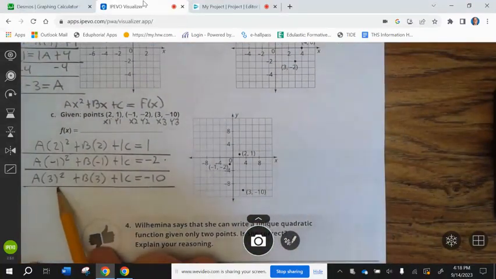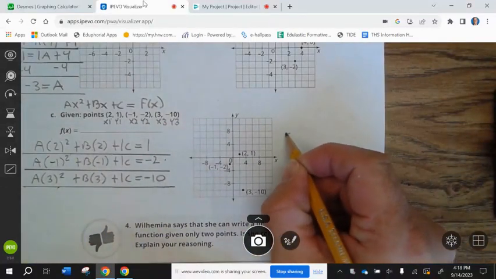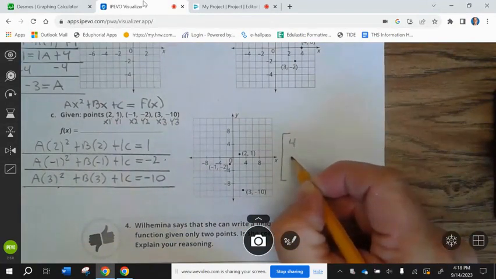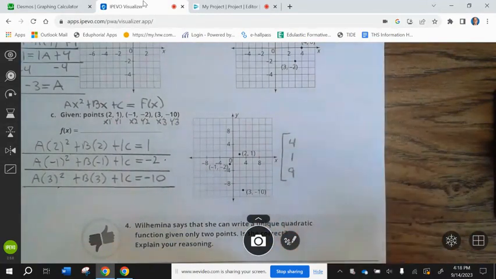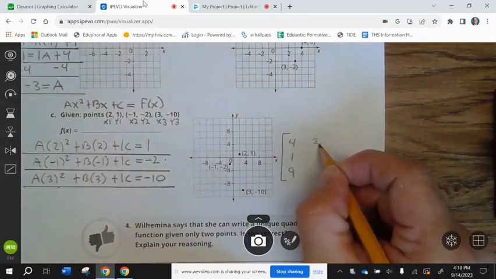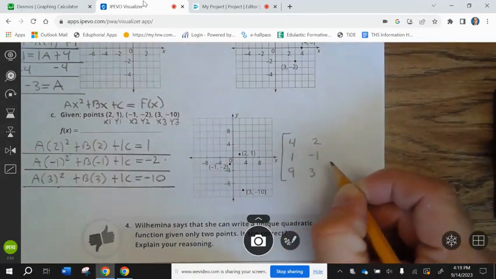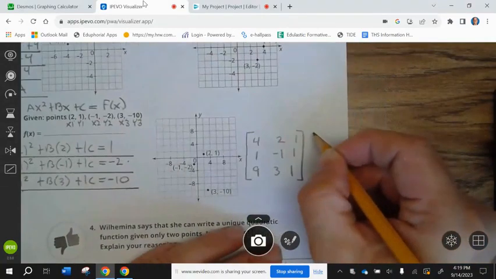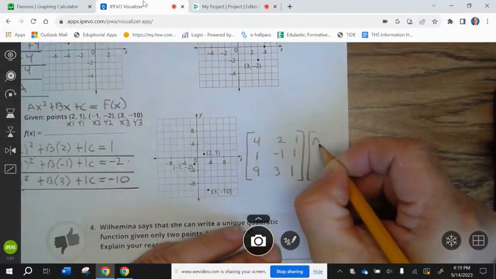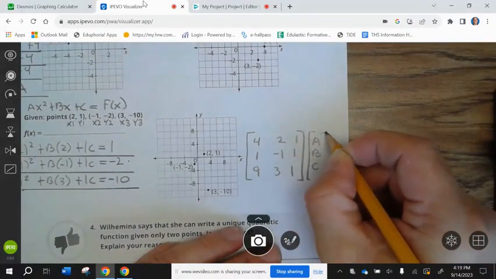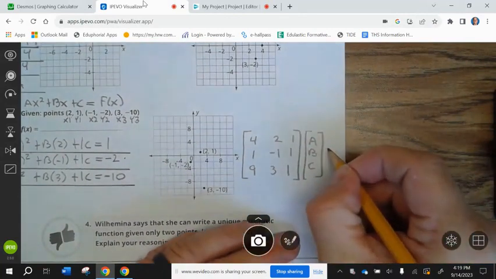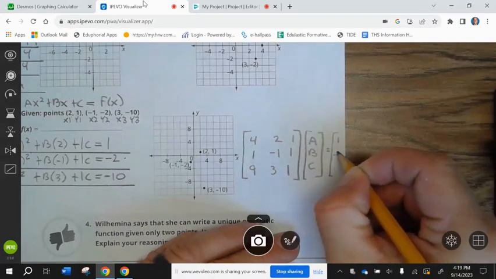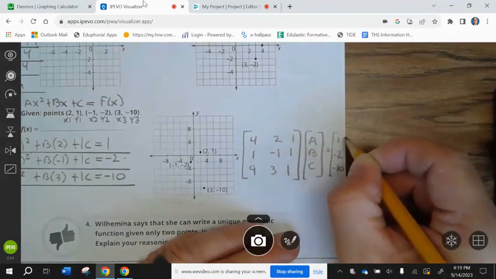So I can convert this to a matrix. So that's 4, 1, 9, 2, negative 1, 3, 1, 1, 1 times A, B, C equals 1, negative 2, negative 10.